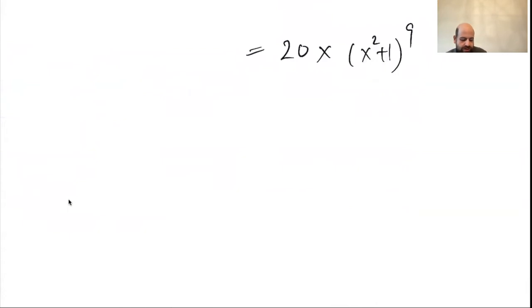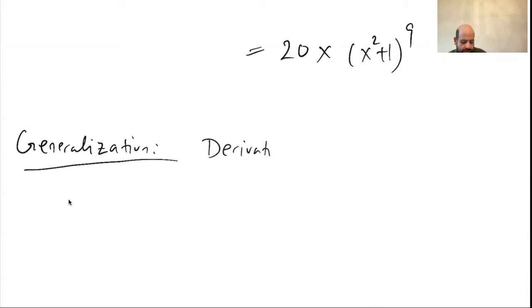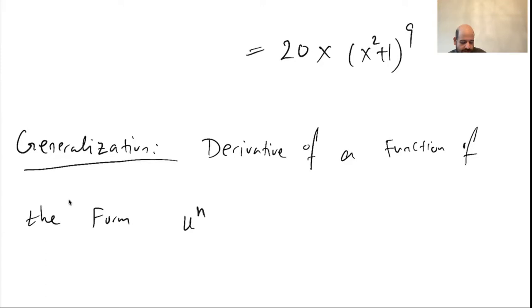So now if you want to generalize this concept, this example, generalization, let's say the derivative of a function of the form, let's say u to power n, where u equals g of x is a function of x.